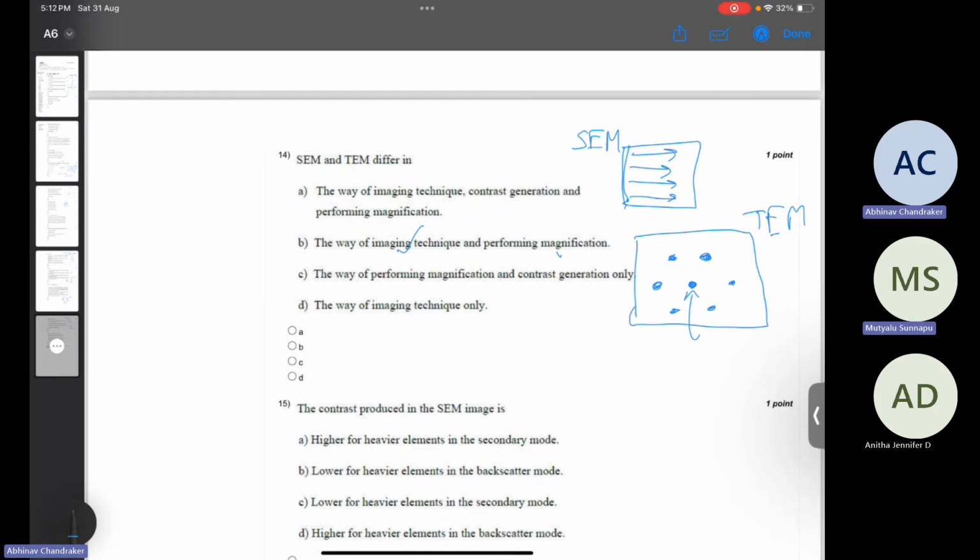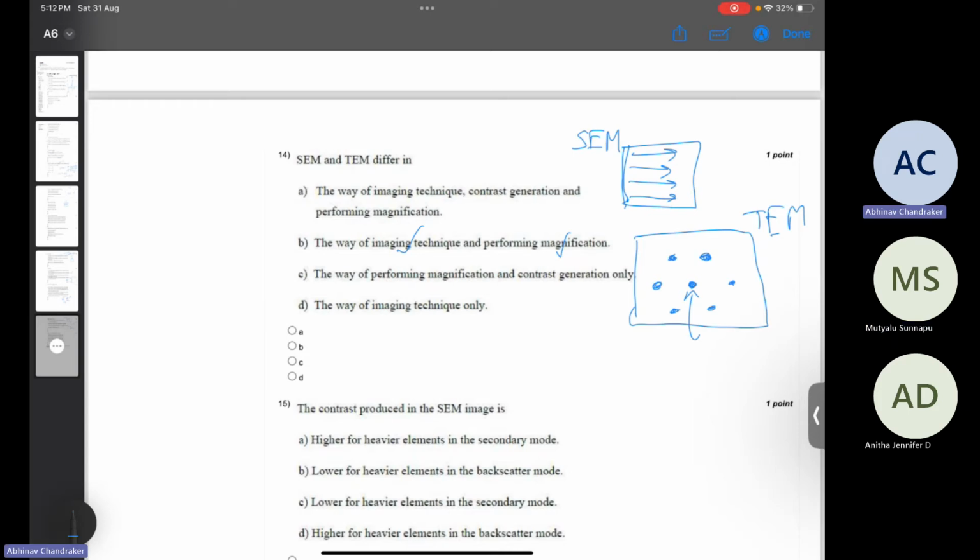Then magnification is also different, because in SEM you just zoom in on the scan area, using a smaller scan area and a larger display. But in TEM, the magnification happens by changing the lens strength. I also told this when recapping the week 6 lectures.